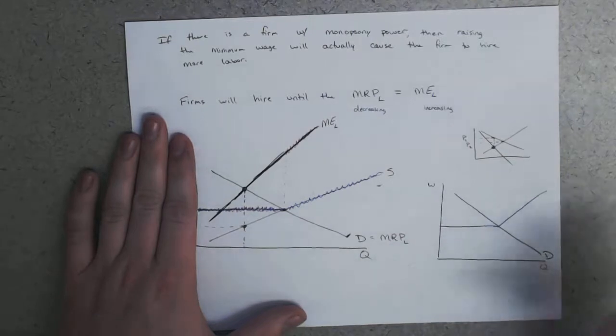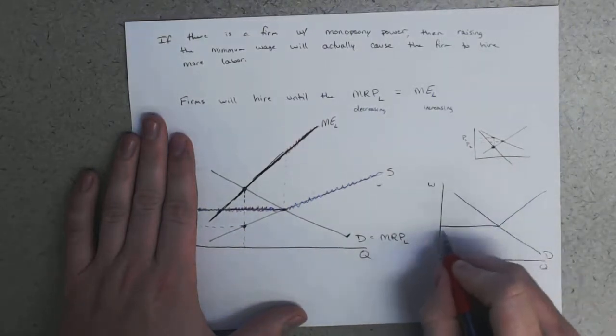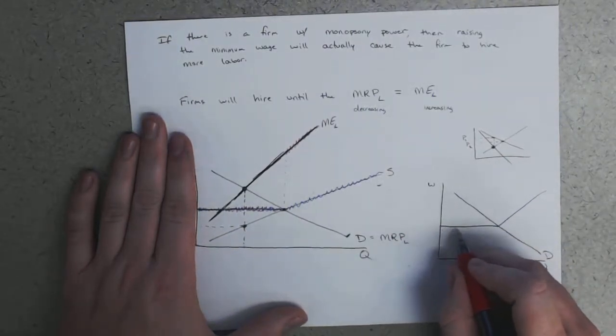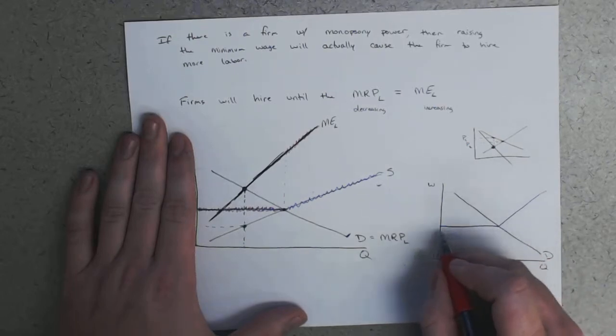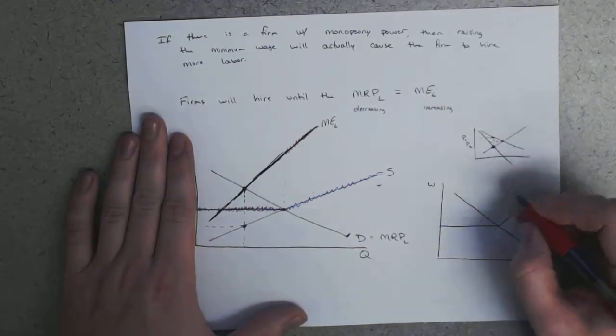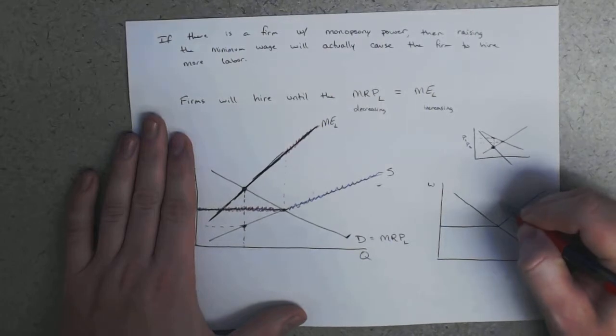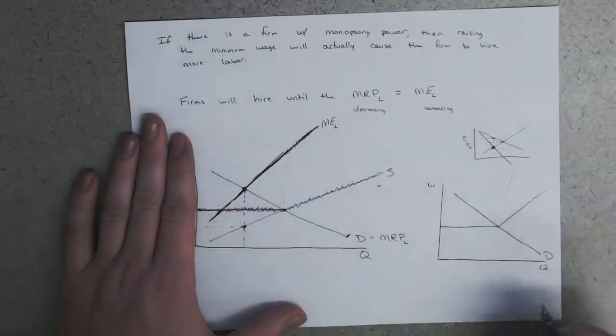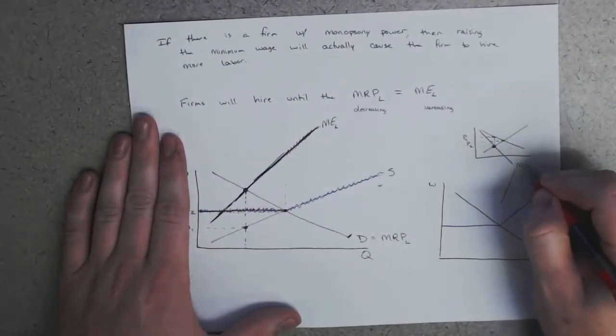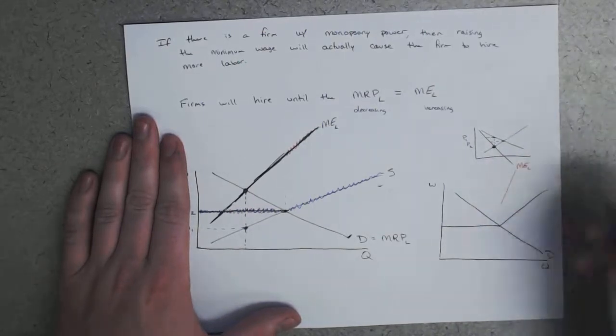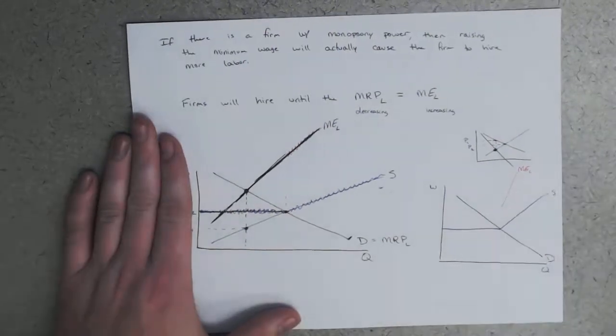And then, because this is horizontal here, the marginal expenditure curve, or the marginal expense of labor, will be equal to the wage rate here, and then you'll have another function that just comes out up here. This is marginal expense of labor and the supply.